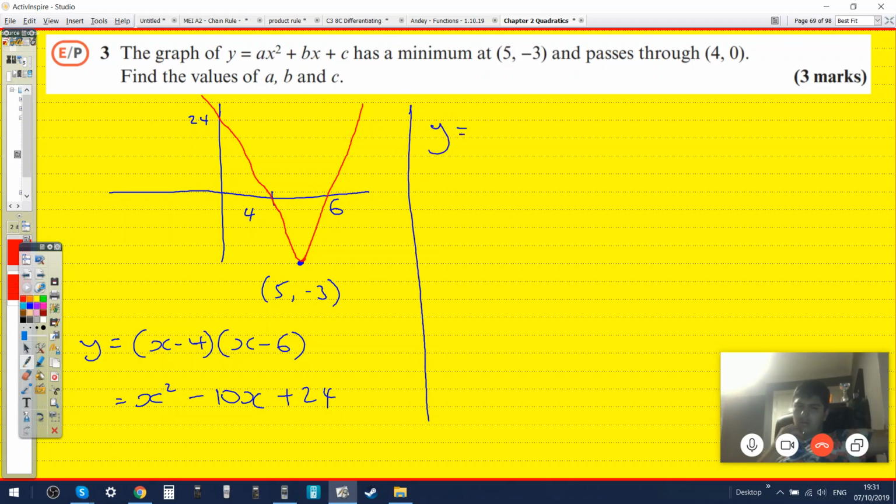I'm going to do this by completing the square. So what goes in the bracket so that you're left with a minimum of 5?